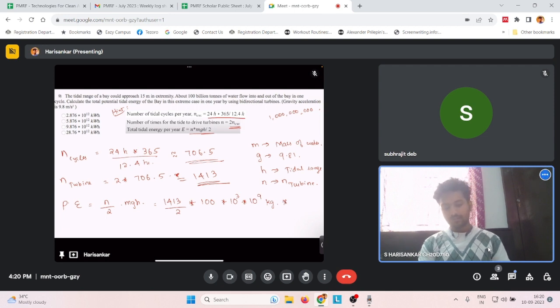This much kilogram of water into height. And this height is given as what? 15 meter. And yeah, we forgot gravity, so that will be 9.8 meter per second square. So just do all these things. Let us see how much we get.